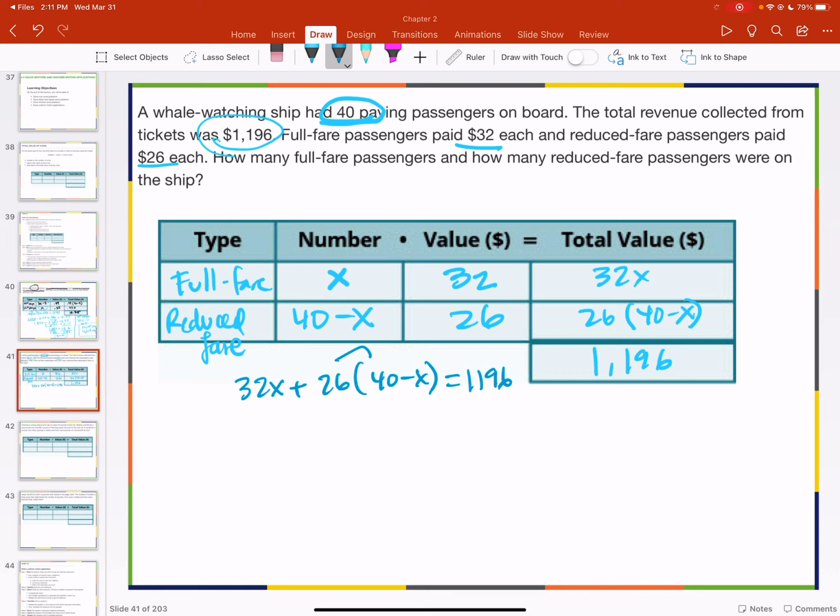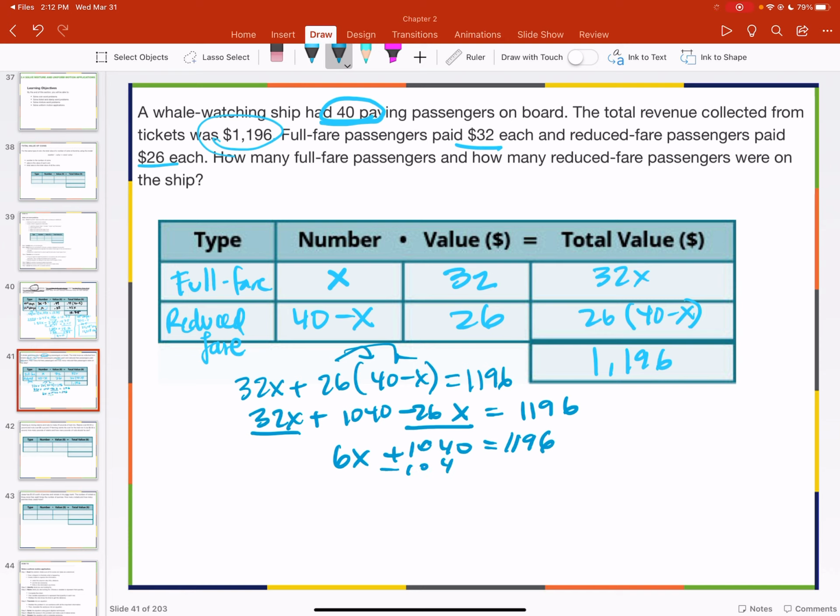Let's distribute this here. We get 32X plus 1040 minus 26X is equal to 1196. Like terms here, 32 minus 26 is going to be 6X plus 1040 equals 1196.